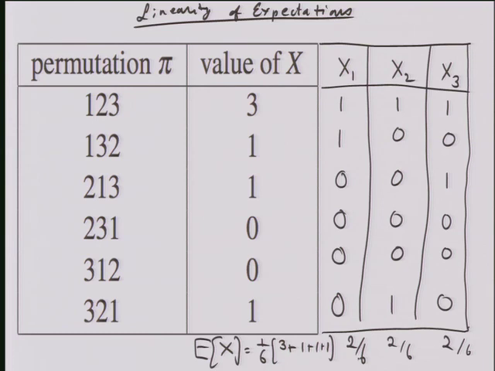Okay, now let's talk about the last such integer valued random variable that we'll talk about. This is called the Poisson distribution.